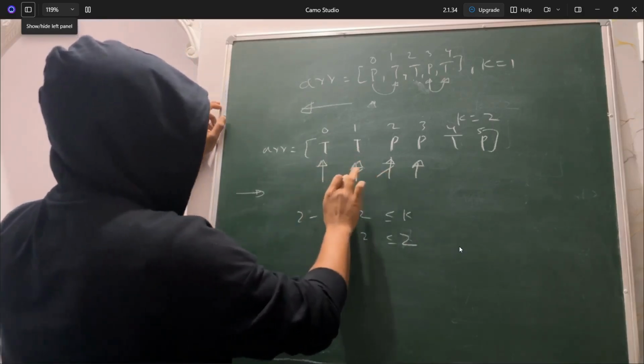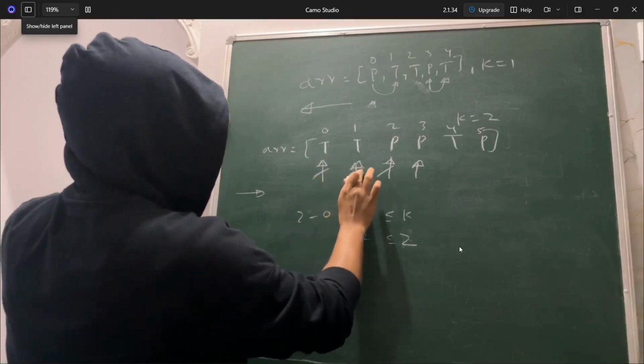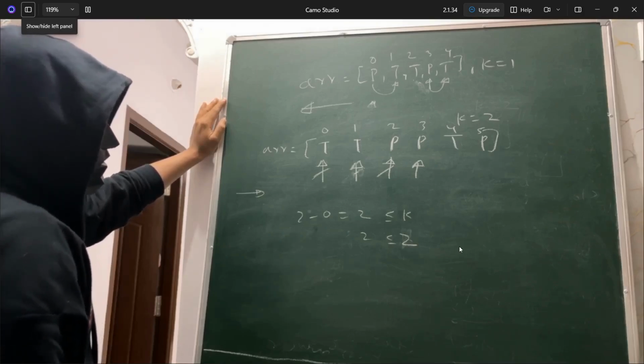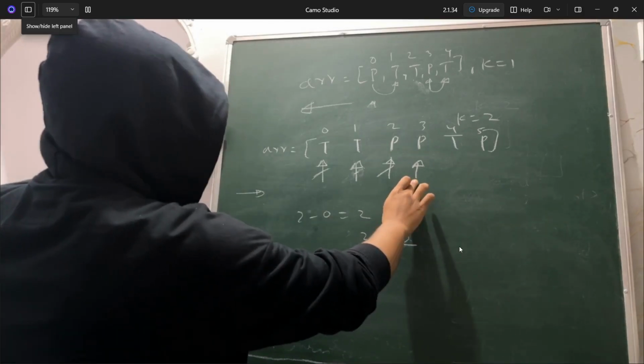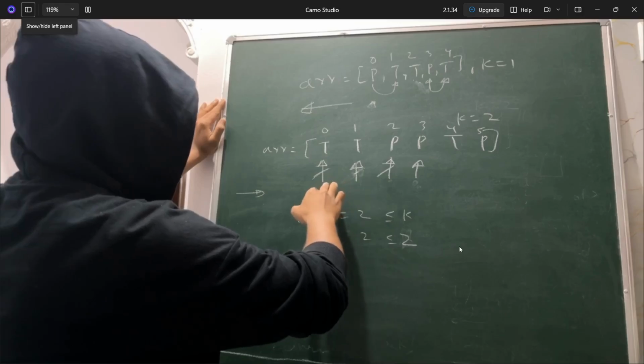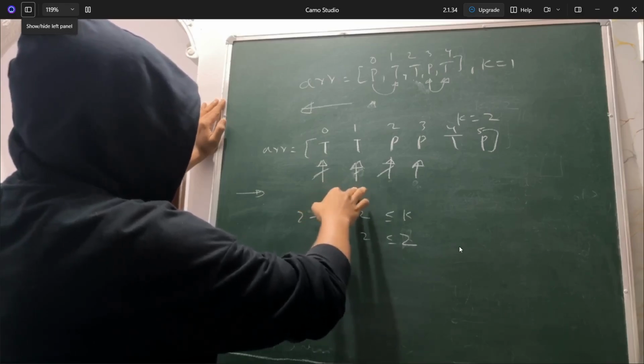So we will move to the next pointer. We have come here. Again the same thing: one pointer will point to the next police, and one more pointer will point to the next thief.